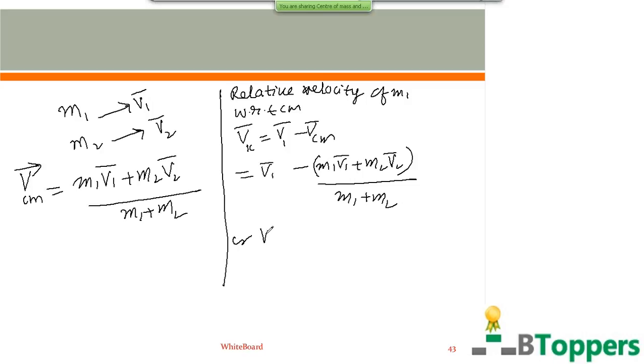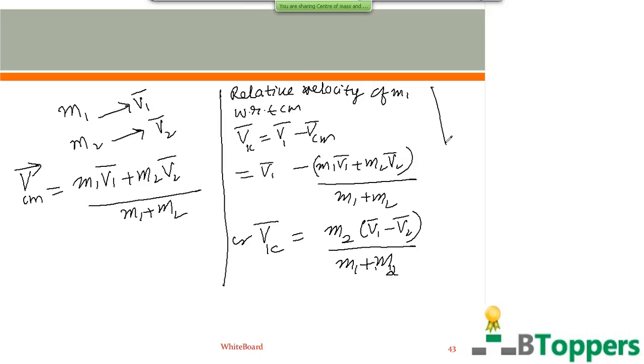This can be simplified further, and you get the relative velocity of m1 with respect to the center of mass equal to m2 into v1 bar minus v2 bar by m1 plus m2.